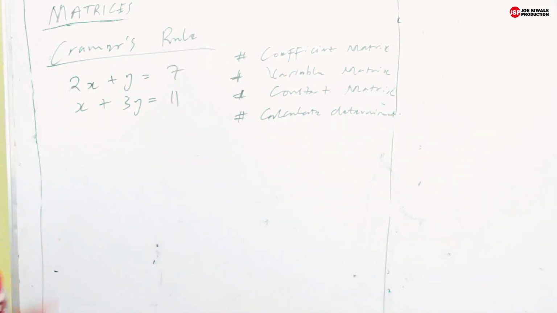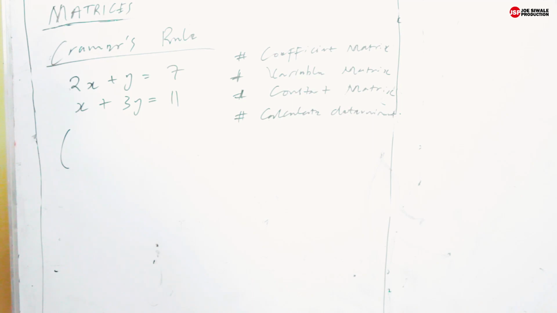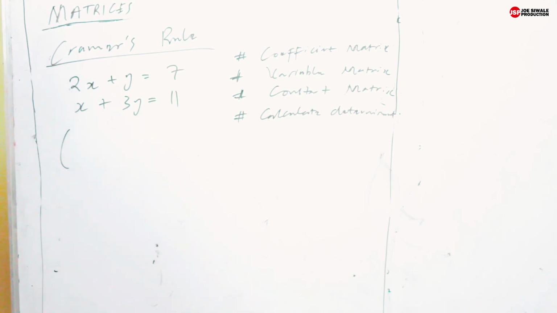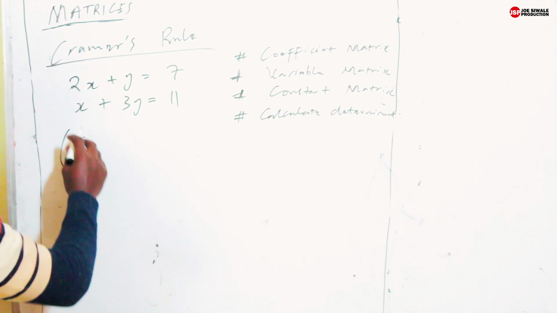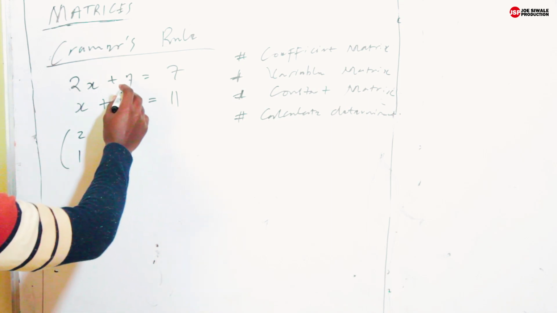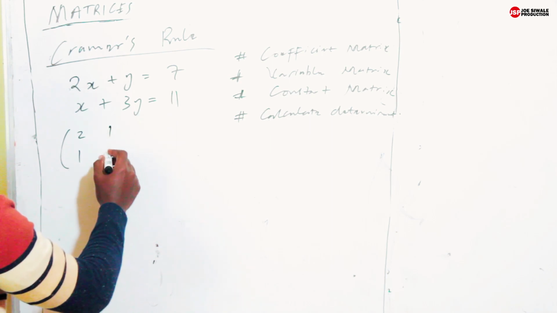So our first thing is to find the coefficient matrix. For us to find it, we're going to look at the coefficients of the x and y variables. The coefficient of x there is 2. The coefficient of x there is 1. The coefficient of y there is 1. The coefficient of y there is 3.